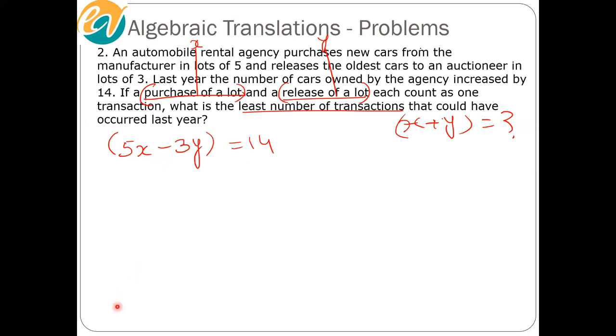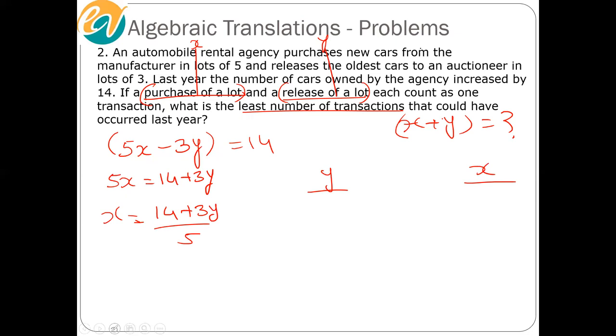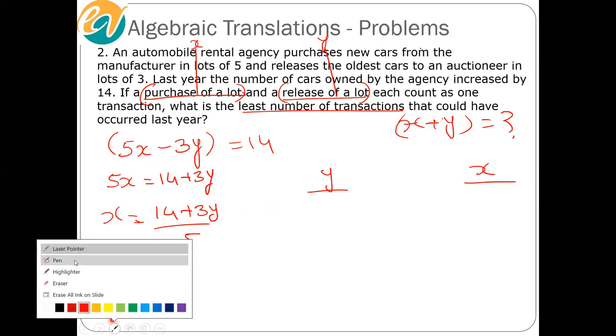So now, multiple ways to do this. The way I have done this is 5x is equal to 14 plus 3y, and so x is equal to (14 plus 3y) upon 5. And from now onwards, what would we do? As Sangathan rightly pointed out, let's quickly try substituting. For example, let's substitute the value of y as 1.